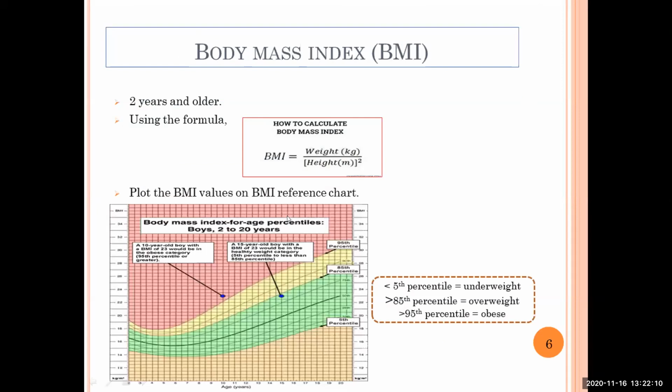If it is located beyond this line, the 95th percentile, it means that the child is obese. If it is in between, it is overweight, and if it is below the 5th percentile, it is considered underweight.